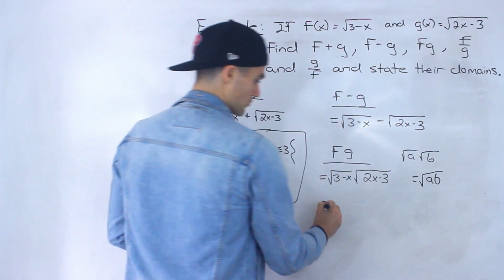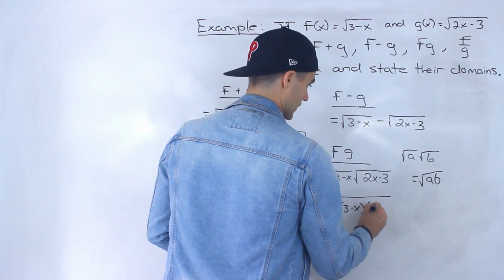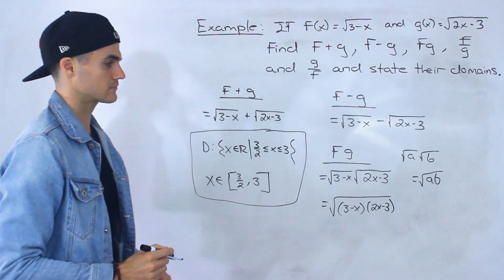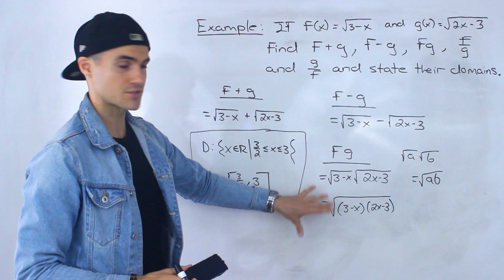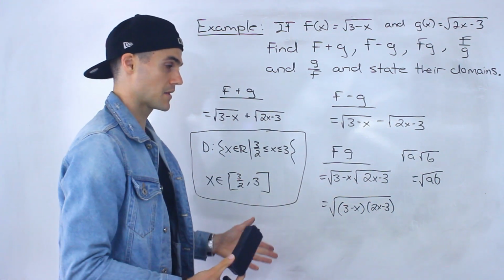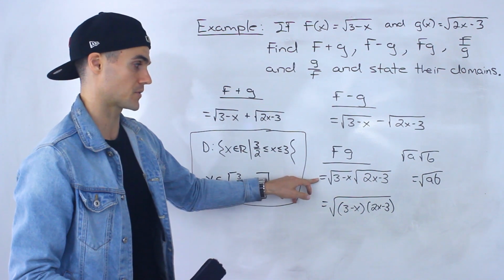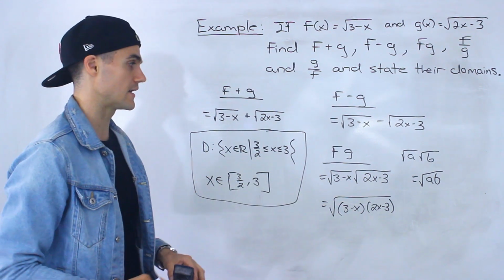So here we can actually rewrite this as the square root of 3 minus x times 2x minus 3, like that. Okay, so that's another way to write this function. So just be careful, because sometimes a multiple choice question might give you this function instead of this one. Okay, so just be comfortable with going from one format to the next.